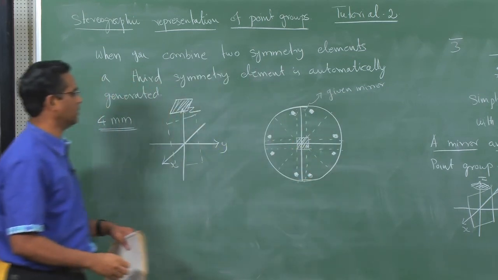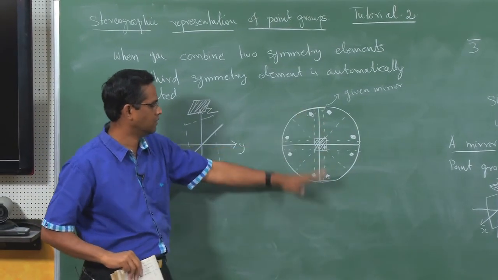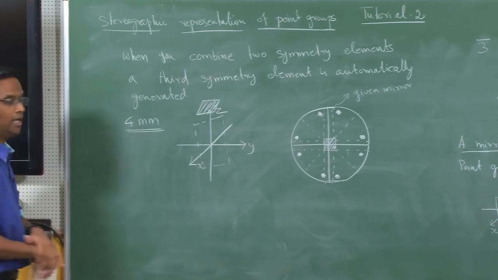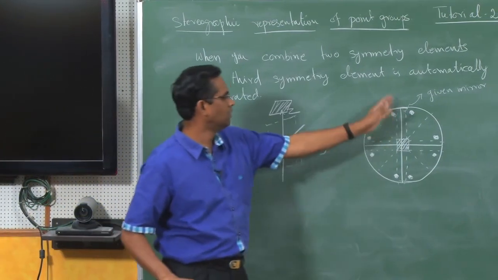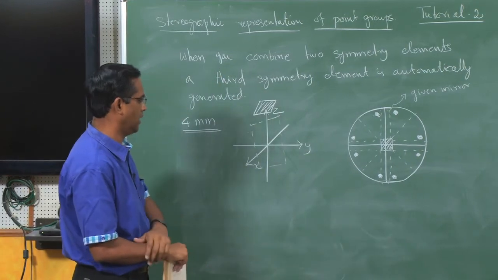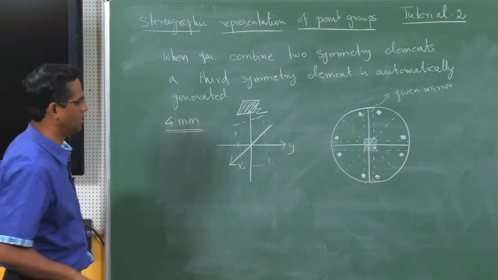So, this is also a mirror, it will also get reflected like this. So, again a combination of two symmetry elements produces other symmetry automatically. This is one of the examples of that nature.